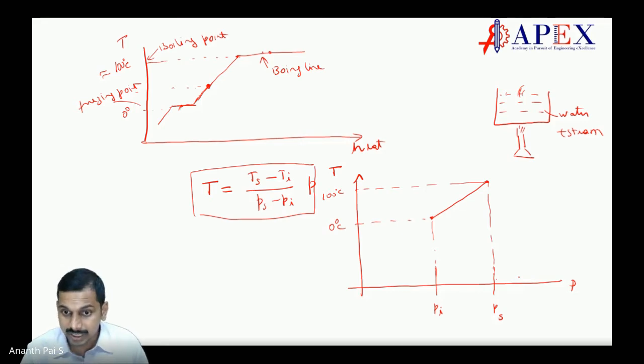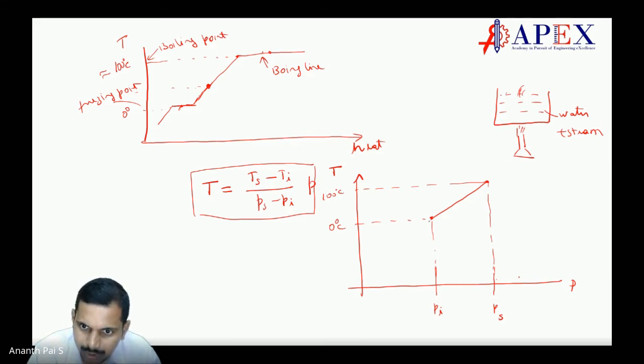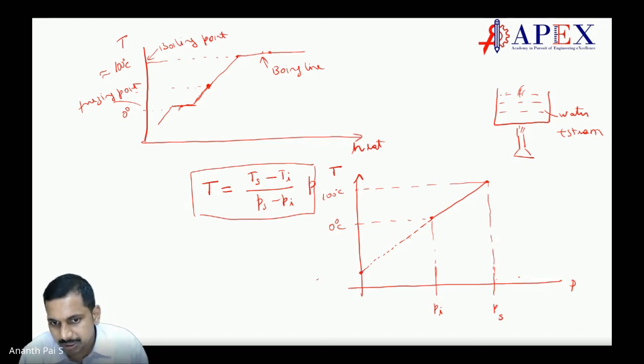Now for this line, pressure can be 0. Correct? You can go for 0 pressure. Now when the pressure tends to 0, where will it meet is the question. It will meet at a point which is minus 273.15 degrees centigrade.